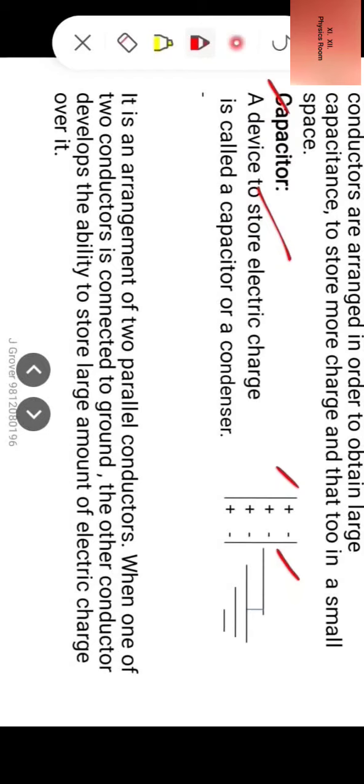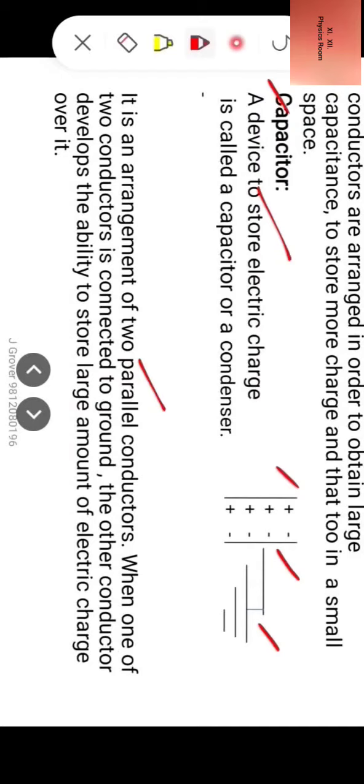It is an arrangement of two parallel conductors. When one of the two conductors is connected to ground, the other conductor develops the ability to store a large amount of electric charge over it. I repeat, a device to store electric charge is called a capacitor or condenser.